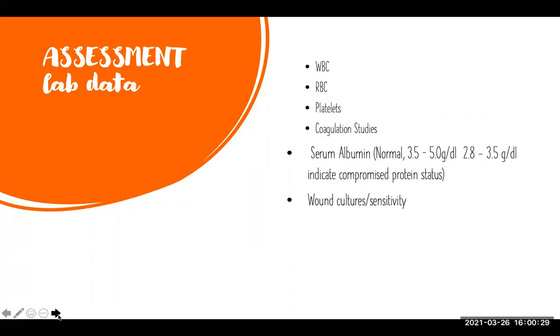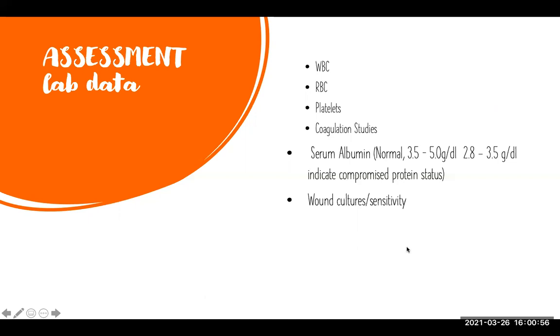So if they're anemic, that may indicate nutritional and perfusion problems. Platelet problems will indicate problems with bleeding, of course, and coagulation studies as well. And it is also an indication of their ability to heal. The overall CBC will give you an indication of that.